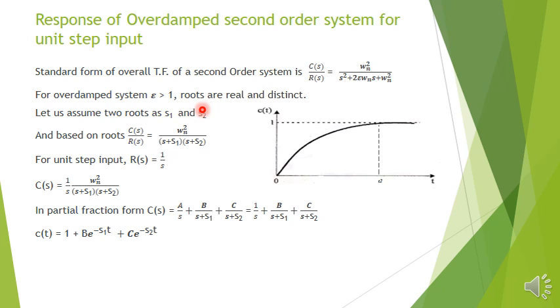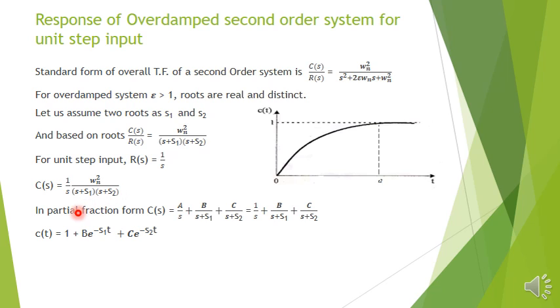Based on the roots, we can rewrite C(s)/R(s) as omega n square divided by (s plus s1) into (s plus s2). For unit step input, R(s) equal to 1/s, so C(s) is 1/s into omega n square divided by (s plus s1) into (s plus s2).